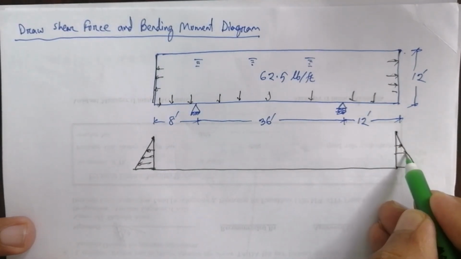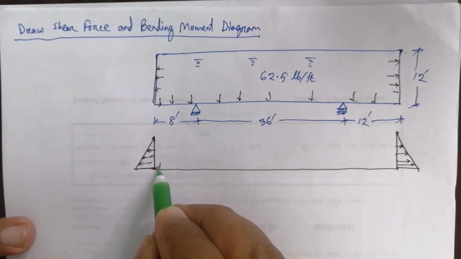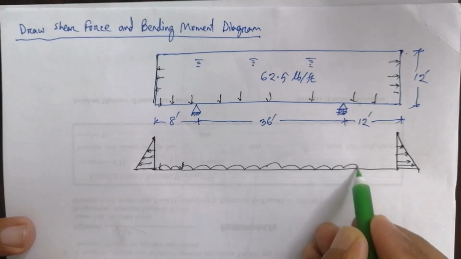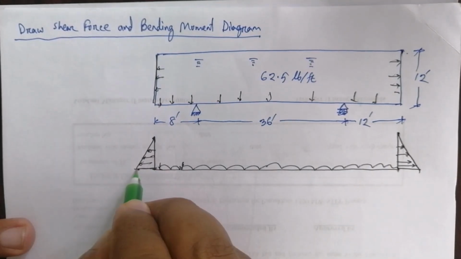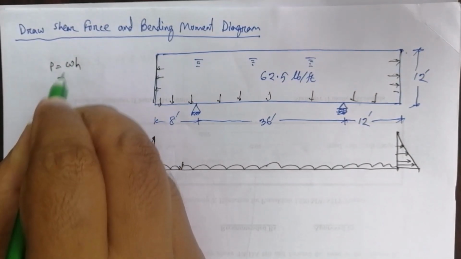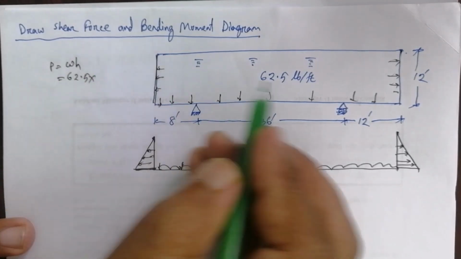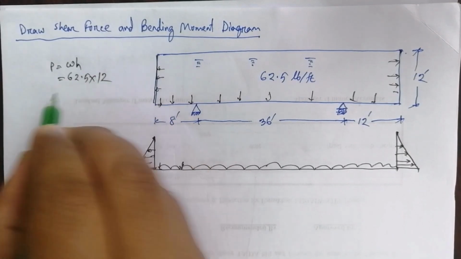So this is the stress diagram, this is also a stress diagram, and here is the distributed load. The load here, the stress, is omega h. Omega means the unit weight of water, 62.5, into the height. H means the height of water.